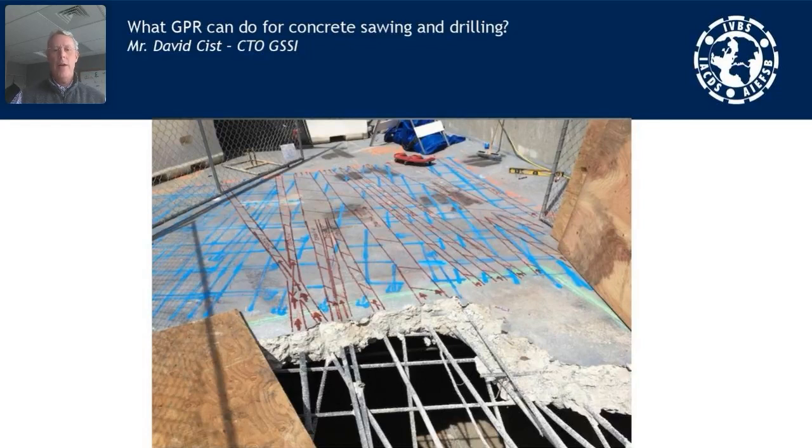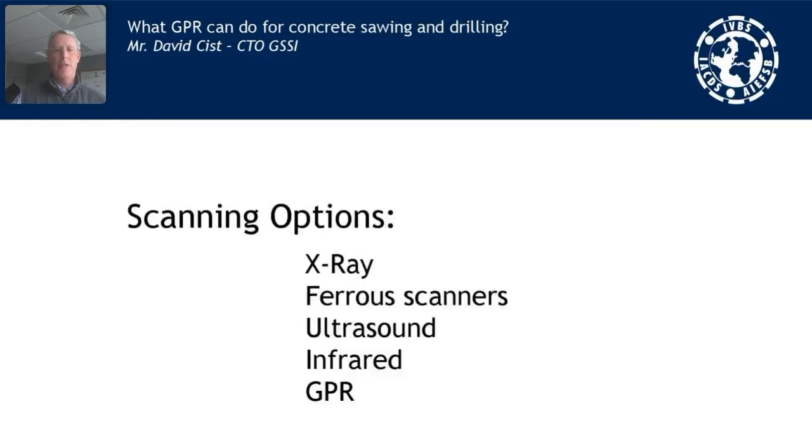Okay, so now that I've shown you what GPR is and how it can be helpful for concrete, I'd like to show you some of the various other scanning options that are out there. GPR is not the only way to see inside something. There are other options. X-ray, and ferro scanners that map iron, or are sensitive to iron, the iron in the rebar.